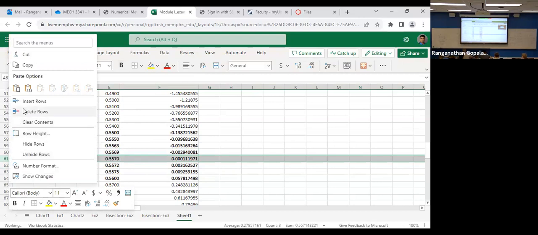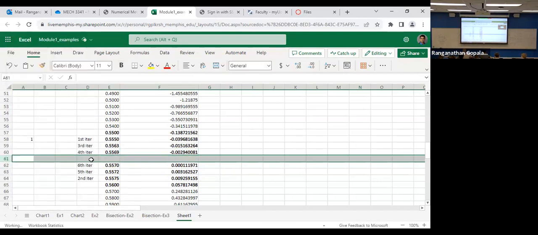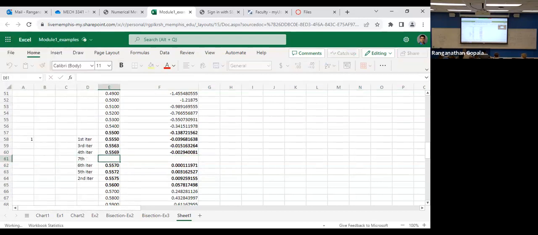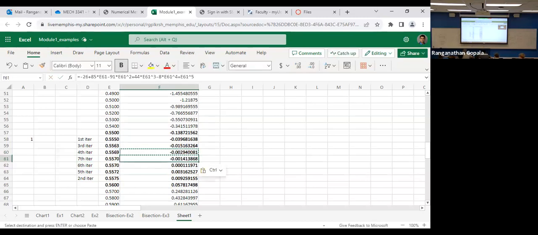Okay. At one point, it will become inconsequential if you add more iterations because you are only interested in 4 decimal points. So this is between 69 and 70. So if you take 0.5570, here's an important aspect. If you say 0.5569 to 70, that sounds like a range.